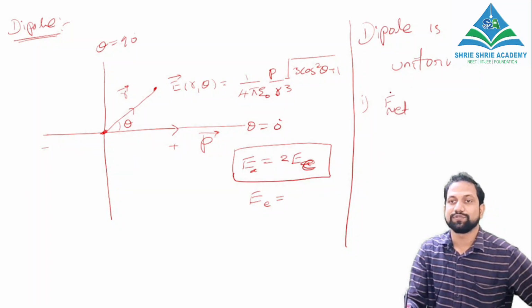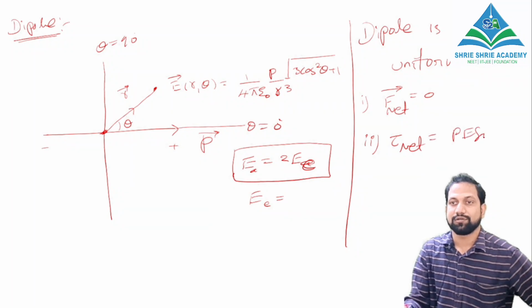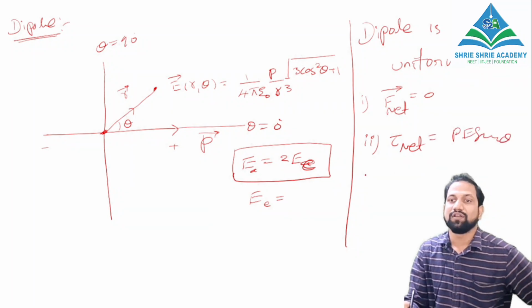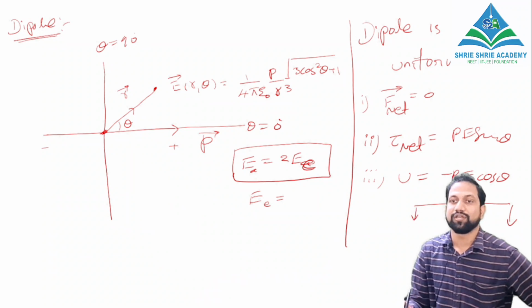Net force will be 0, but it will experience a torque, a couple, that is P E sin theta. And it will have some potential energy, that is U equals minus P E cos theta, and it will have 2 cases: stable equilibrium and unstable equilibrium. Stable is theta 0, unstable is theta 180 degrees.